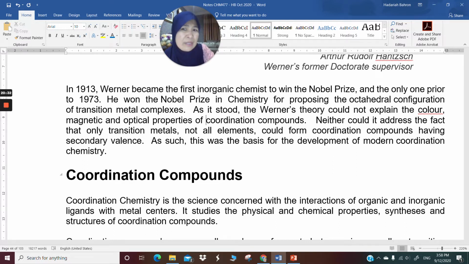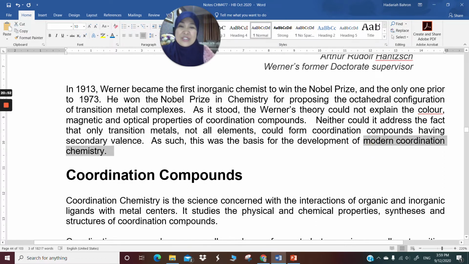That can be explained by Werner's theory. But it still could not explain why the compounds are colored, why they have magnetism, and why they have optical properties. That led chemistry to develop into modern coordination chemistry.